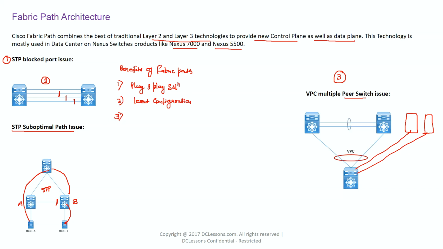Third, it provides equal cost multipath. Fourth, no STP issue, or easier troubleshooting. Fifth, FabricPath is scalable in nature.